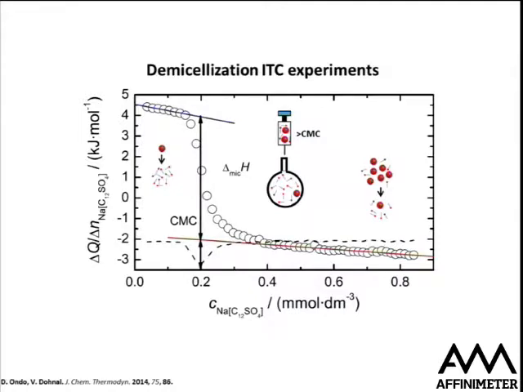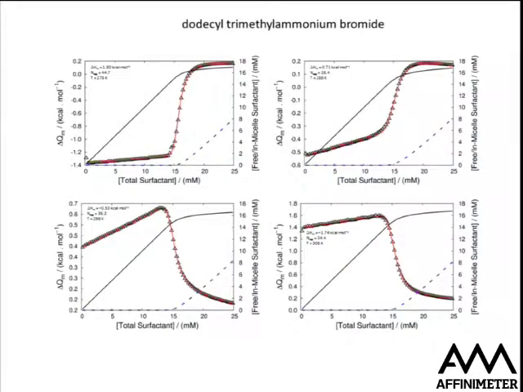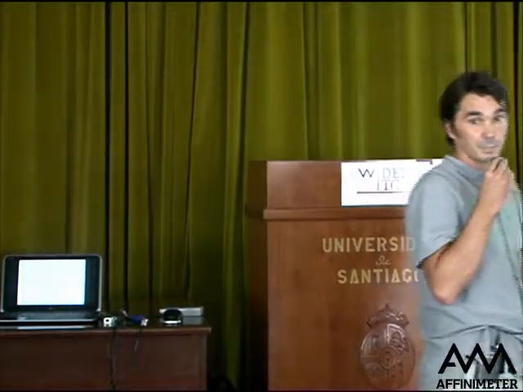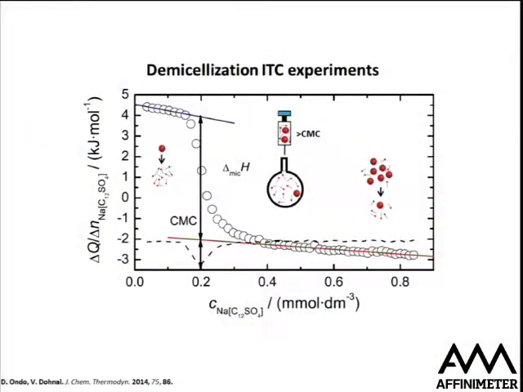So we provide a specific model to measure micellization where the fitting parameters are the dilution heat of the monomers, the dilution heat of the micelles, the delta H of the micellization, and also the aggregation number, which is a parameter that is usually very difficult to get.